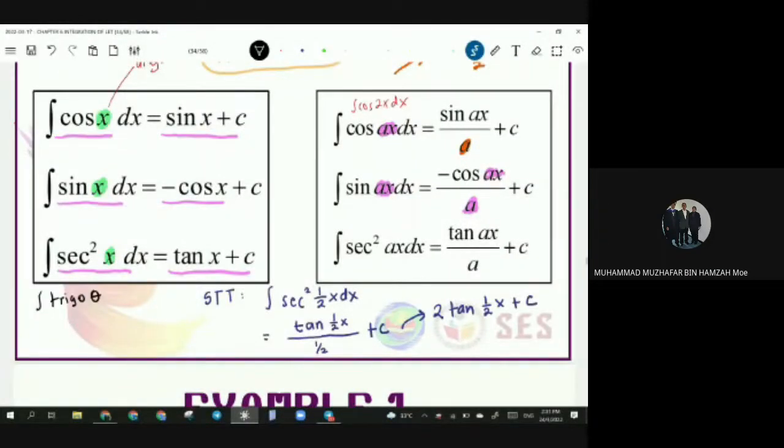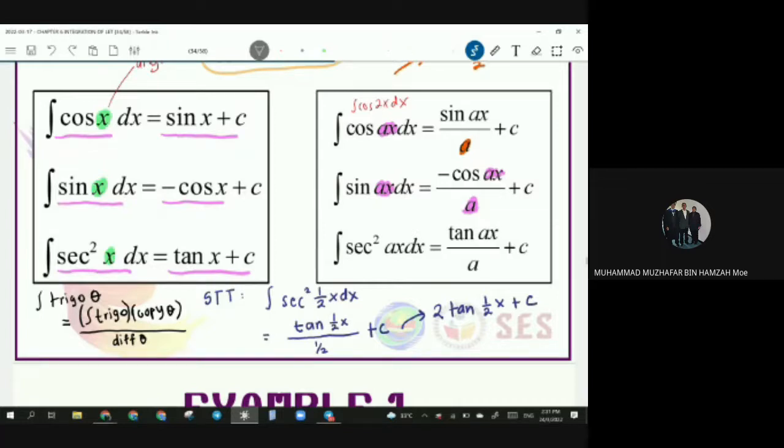Let's say the angle here is theta. So the format for integrating trigo is: first thing first, we integrate the trigo itself. That means if we integrate cos we get sin. Then what we do is copy its angle. If it's theta, then theta. If it's x, then x. I put brackets here. And then divide by, either just take theta or we can take the differentiation of whatever is inside the angle. If the angle is 4x, we differentiate 4x.